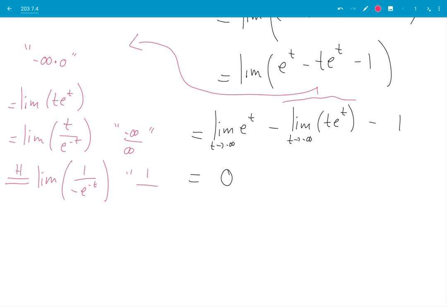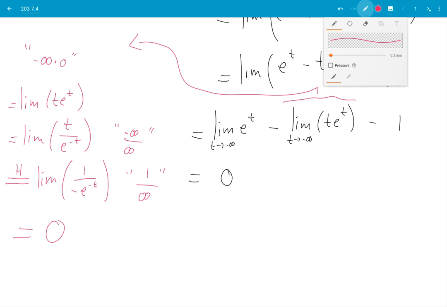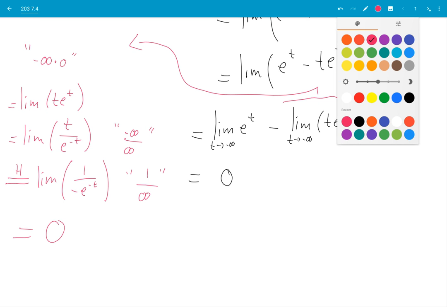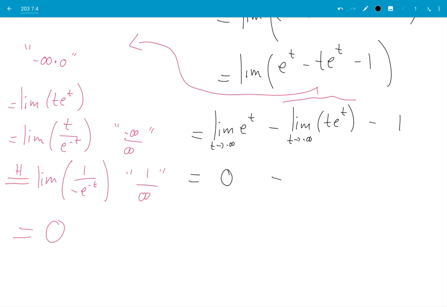Now I have 1 over infinity, which I can see is just 0. So overall, I get just minus 1. Okay, pause and copy.